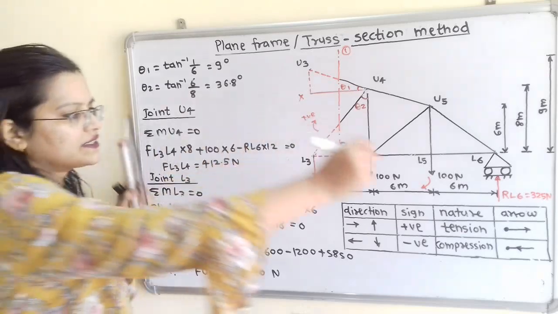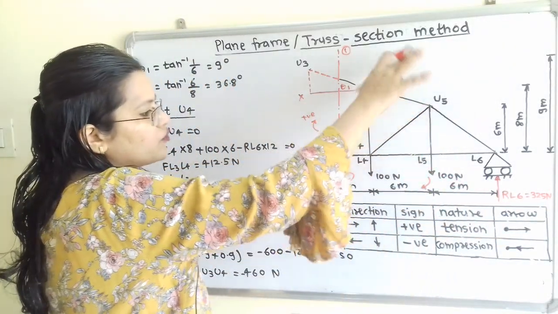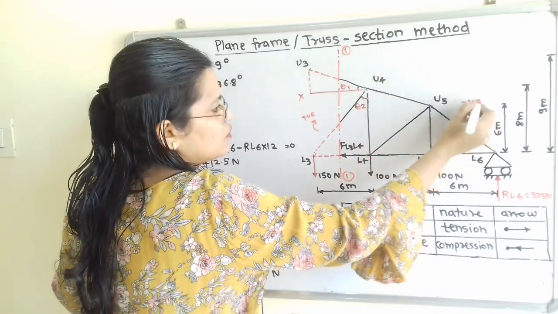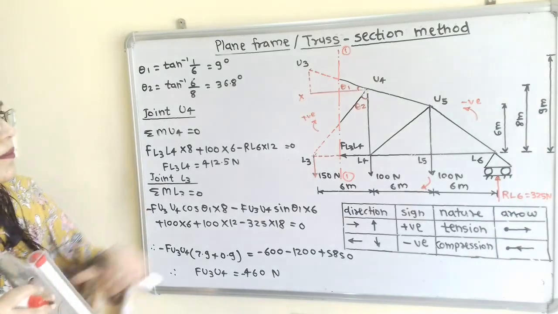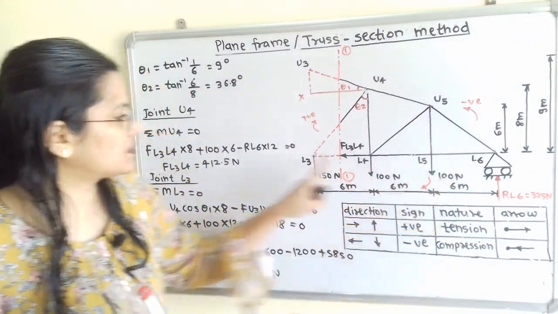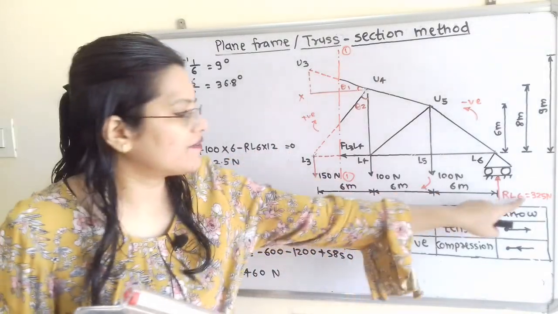Now next is RL6. If I move the compass about U4 in the upward direction, it is anticlockwise, so we use a negative sign. So minus RL6 into perpendicular distance 6 plus 6, that is 12, is equal to 0. So RL6 is 325 Newton.